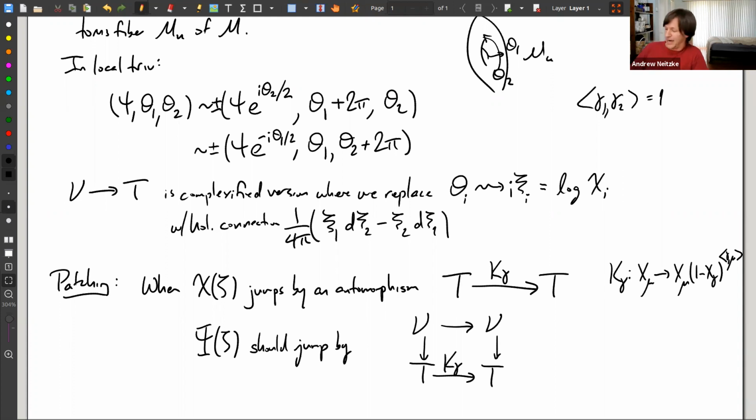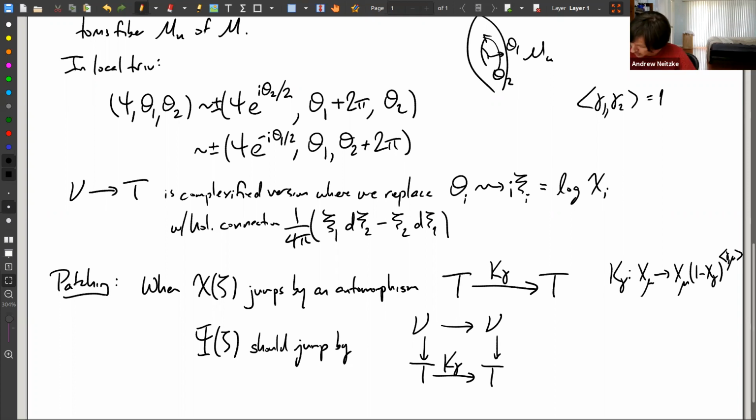I described for you some concrete holomorphic vector bundle over the torus, and now we have this birational automorphism of the torus mapped from the torus to itself, and we need to lift that automorphism also to an automorphism of this bundle.